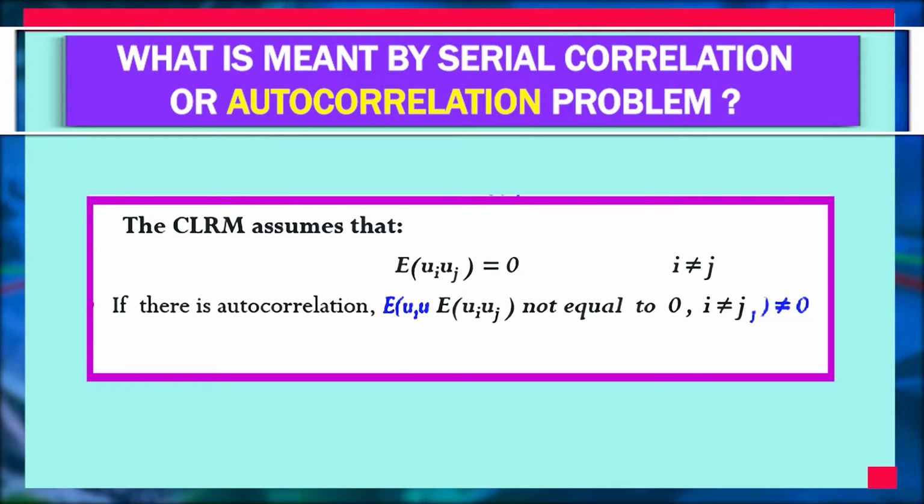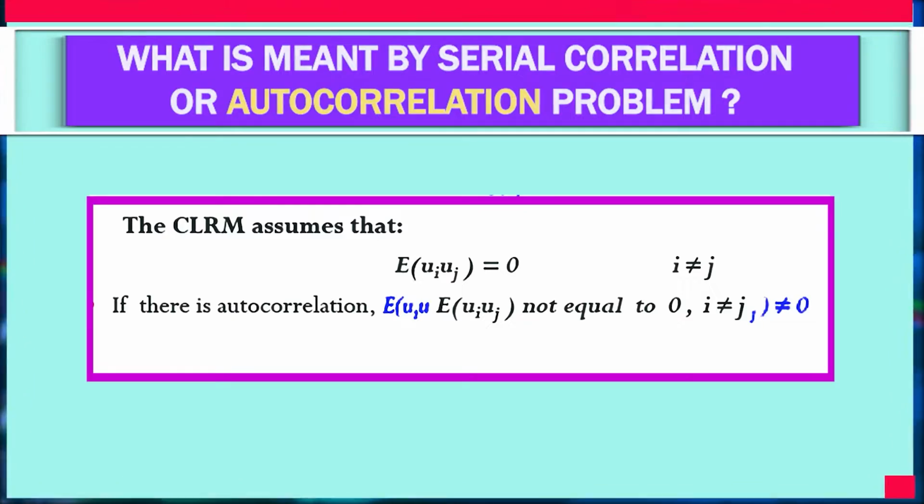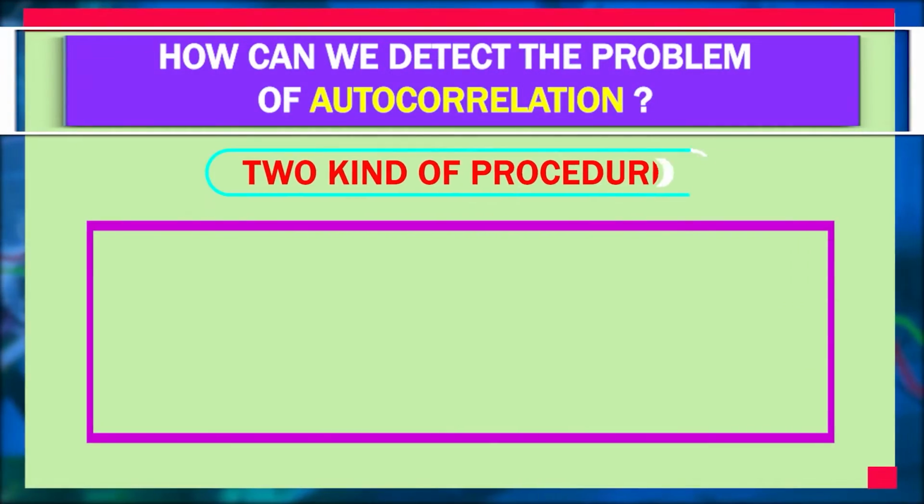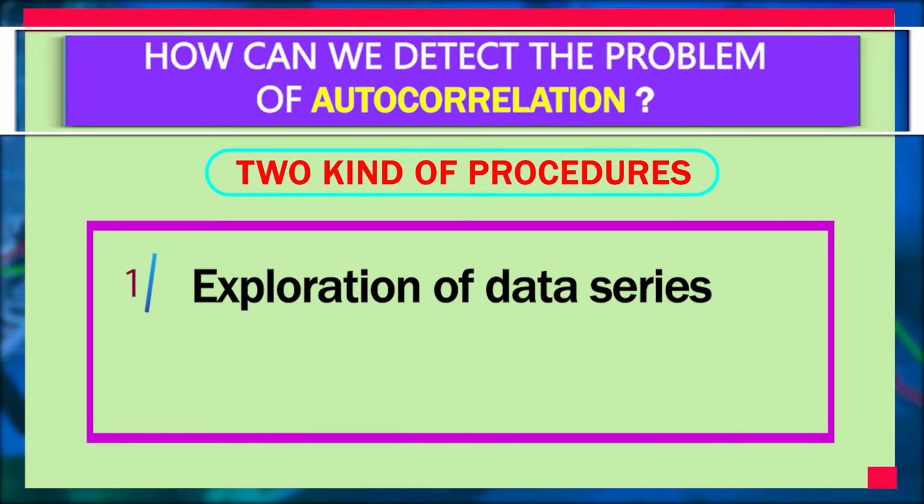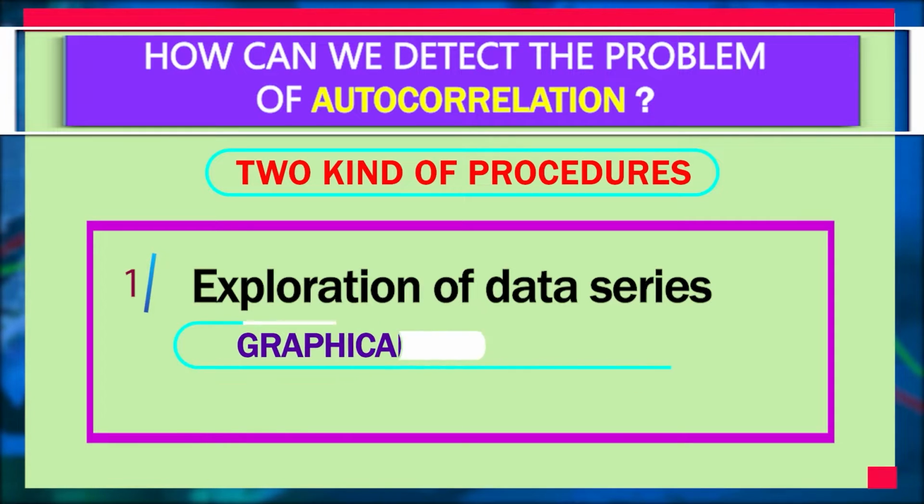After the autocorrelation problem is defined, it is very important to identify the sources, and accordingly we need to find confirmation regarding the presence of the problem. For this confirmation, we need to highlight the problem of detection. For any data set or data series, we need to look at how the problem can be detected, and two kinds of procedures are adopted.